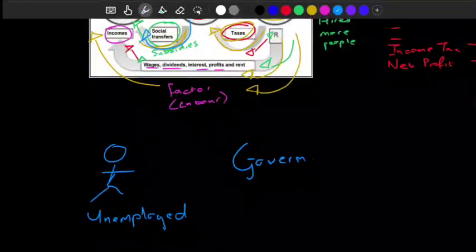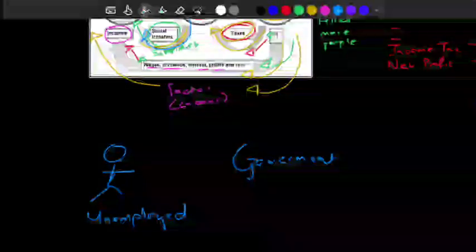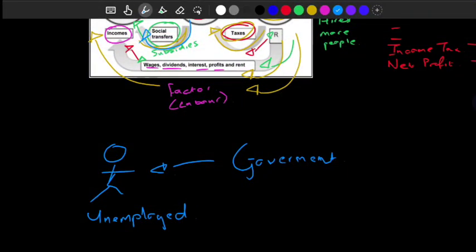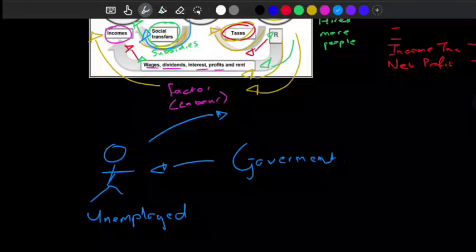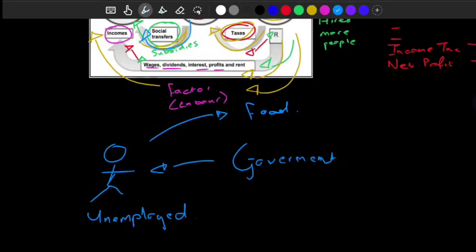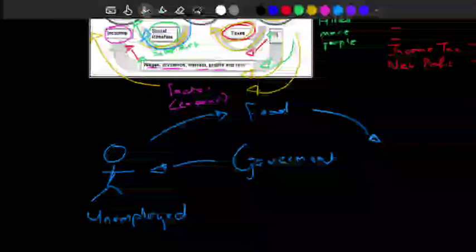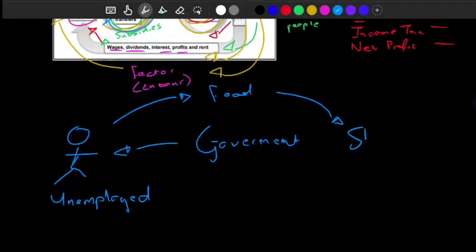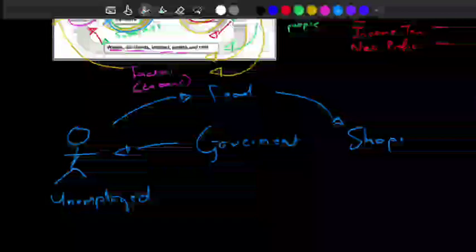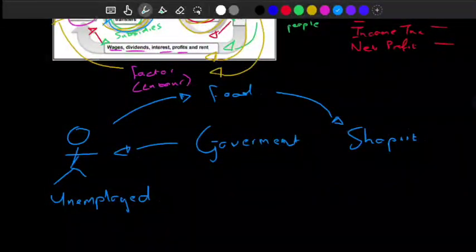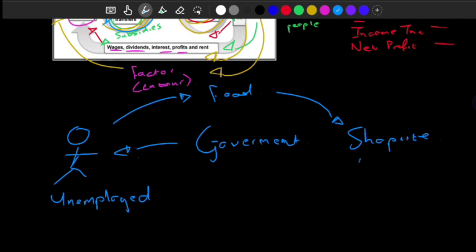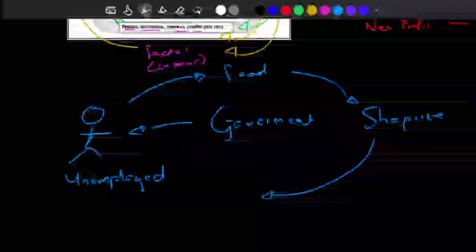Government will give him money, and with this money, he will then buy essential foods, let's say food, right? And he will buy this food from ShopRite, right? Then, if there's enough Bonganis in the economy, ShopRite will grow. Once ShopRite grows, it'll hire people like Bongani, right?